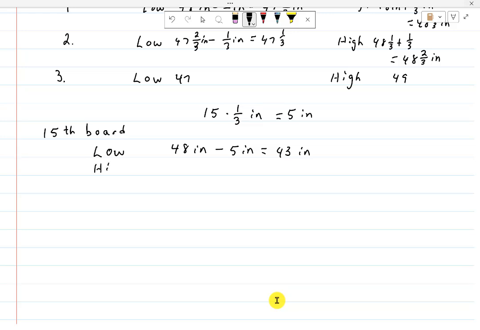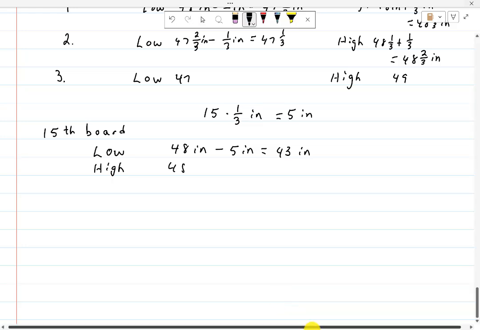And then for a high, we're going to have 48 inches plus 5 inches, and that's 53 inches. So there are my estimates for the lowest and longest possible board.